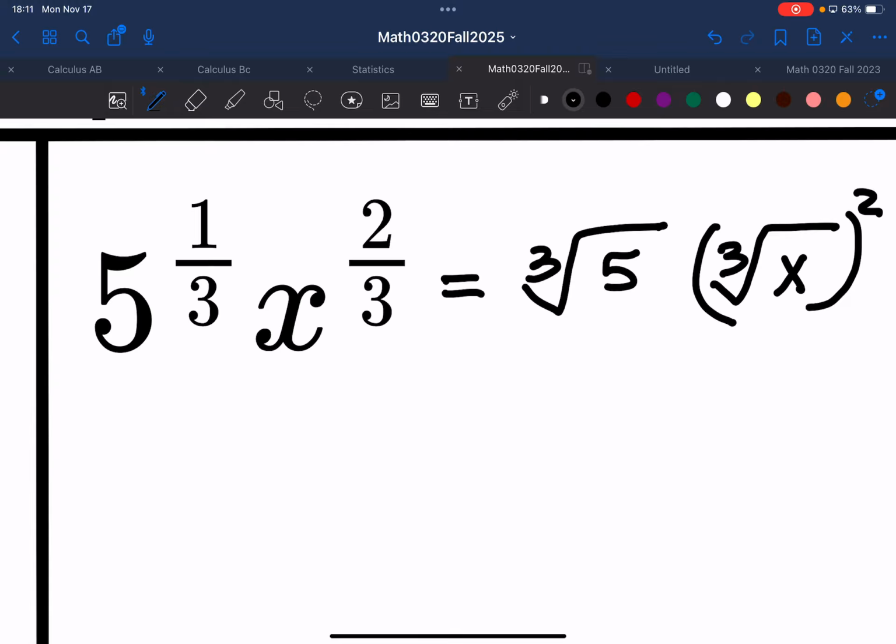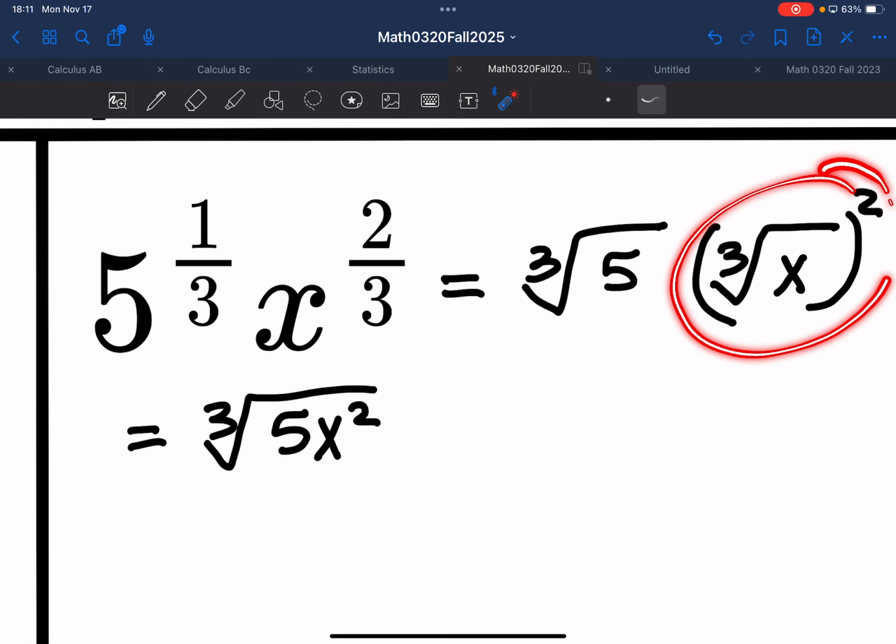If our roots are the same, we are able to combine the numbers or variables under those roots. So this means we have the third root of 5x squared. If you remember the rule from the very beginning, we could rewrite this as the third root of x squared, where putting the exponent under the radical is the same as putting parentheses around the whole thing and putting the square at the top.